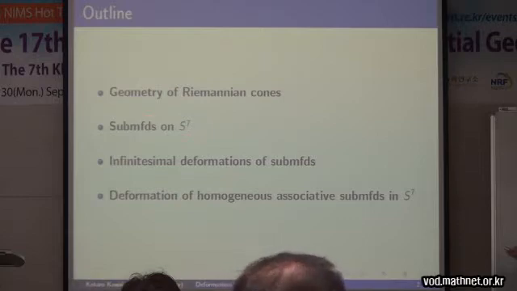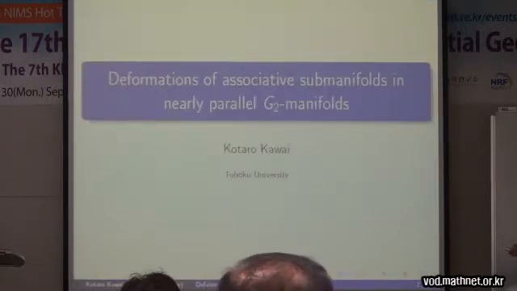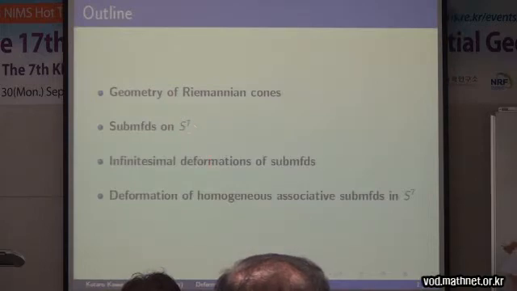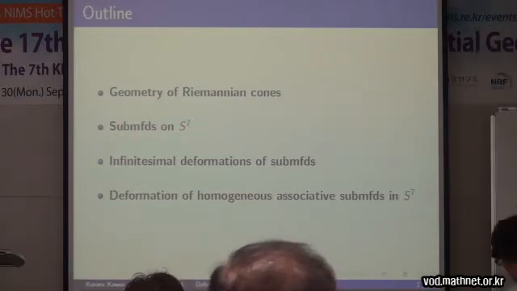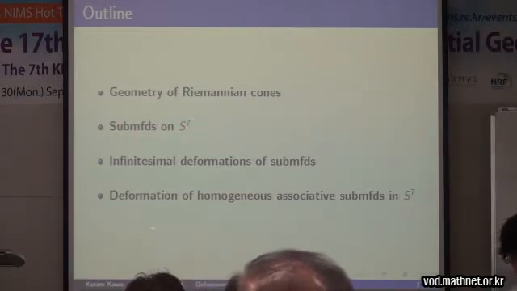Next, the typical example of nearly parallel G2 manifolds is S7, the seven-dimensional sphere. So we want to consider submanifold theory of nearly parallel G2 manifolds. For simplicity, we assume that the ambient space is S7 and define several classes of submanifolds in S7.